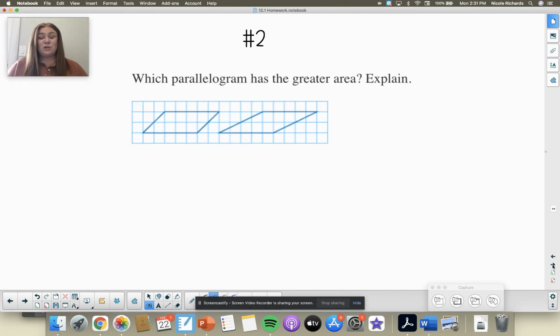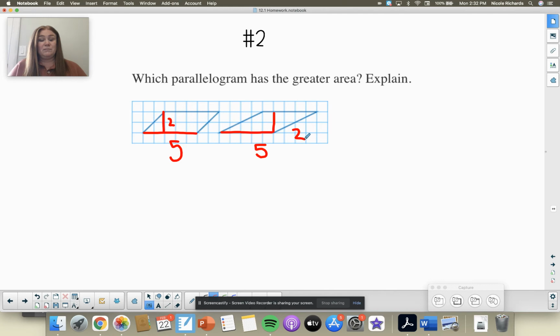Now it wants to know which parallelogram has the greater area, so more area. So I can see here my base is 1, 2, 3, 4, 5 across. And remember, height always goes straight up and down. So this has a height of 2, so base times height is that area. And this parallelogram has a base of 1, 2, 3, 4, 5, and its height is also 2.